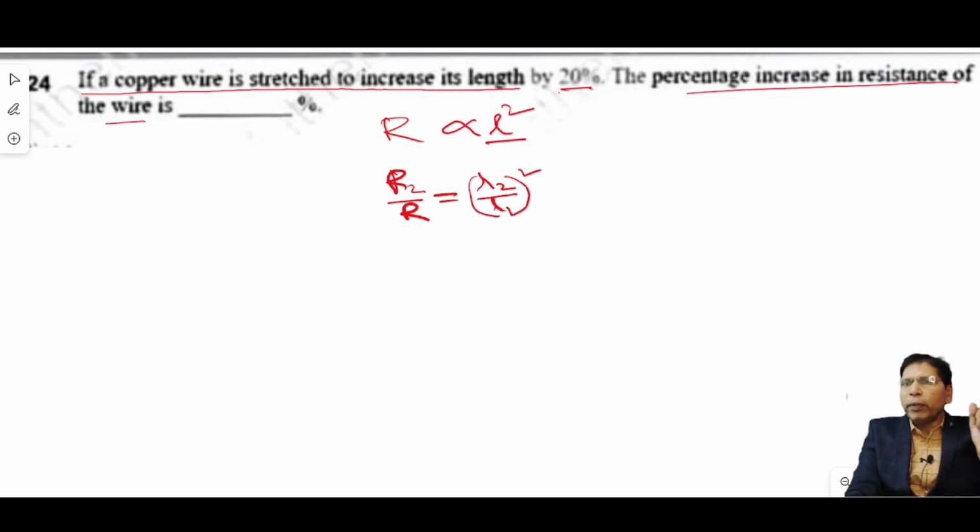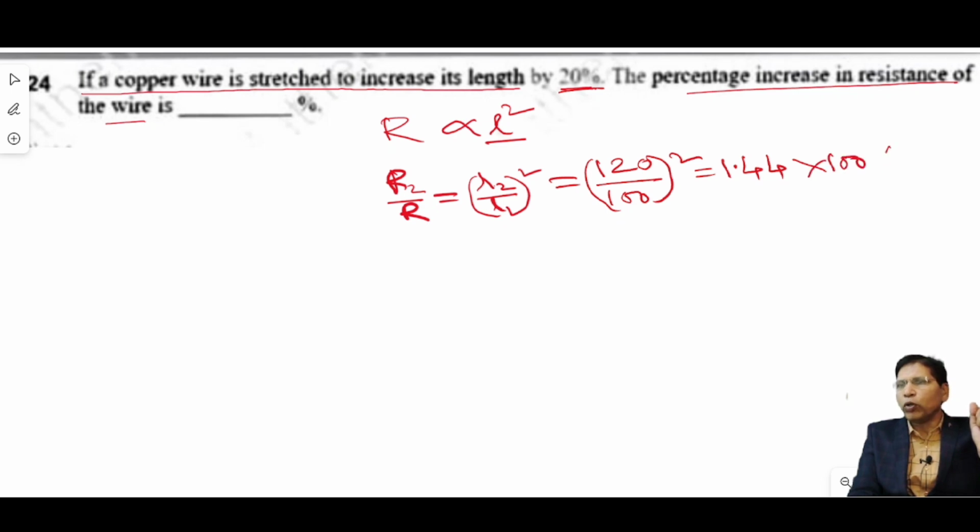Now a 20% increment means L2 by L1 is 120 divided by 100. Squaring this, we get 1.44. Therefore, expressed in percentage, it is 1.44 into 100%, so 144%.